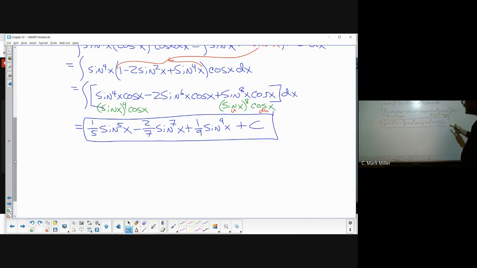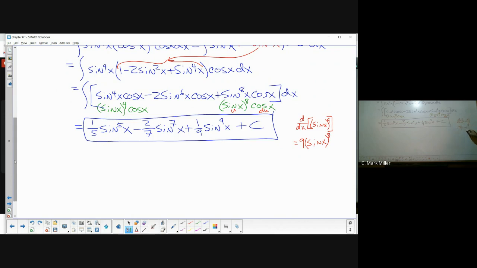And just the same way as if I took the derivative, if I went over here and I did d/dx of sine x, say to the 9th, what would that be? I'd bring the 9 down. That's going to be 9 sine x to the 8th.